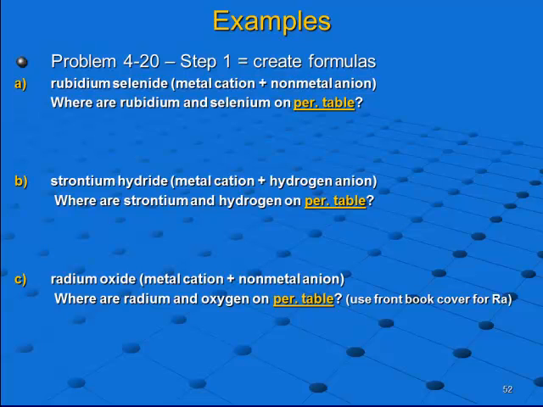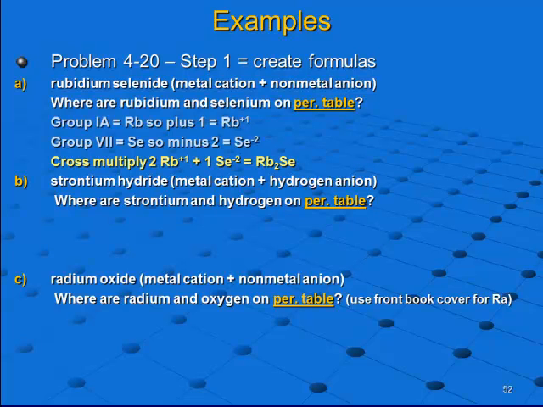So here's some examples. Rubidium selenide. Now, you don't want to memorize this. You want to go find rubidium on the periodic table. You want to find selenium on the periodic table. You're going to find out it is a metal with a nonmetal, and the metal is a representative metal. So you know the charge on rubidium.